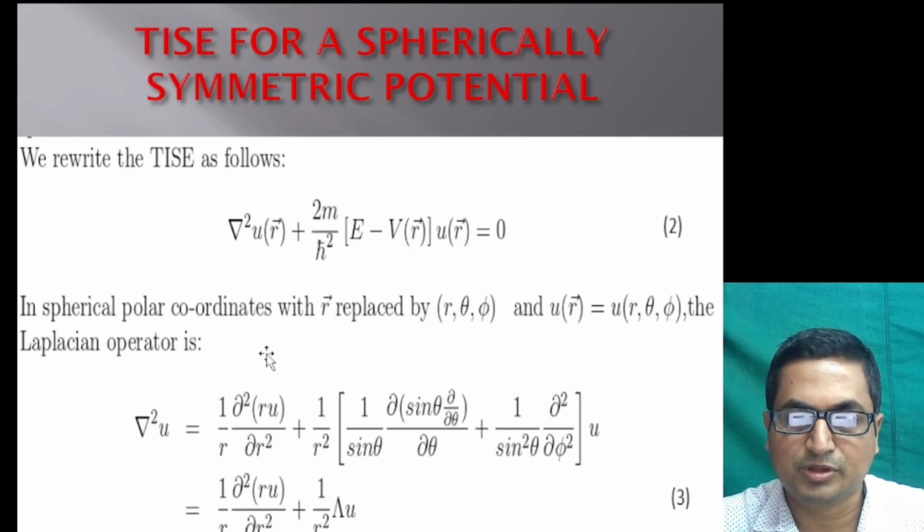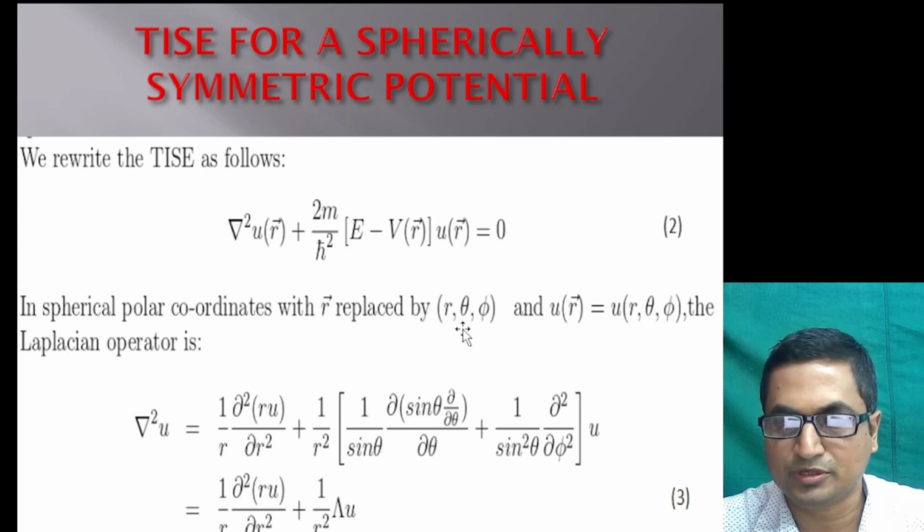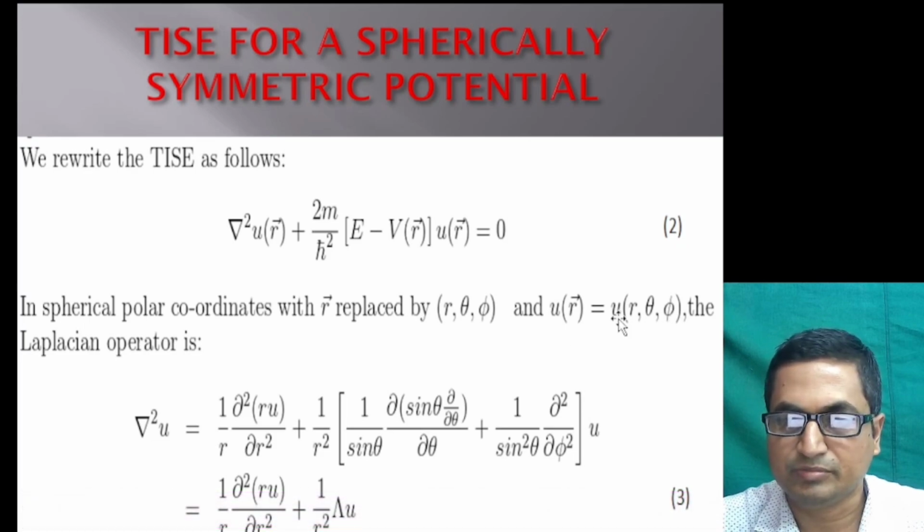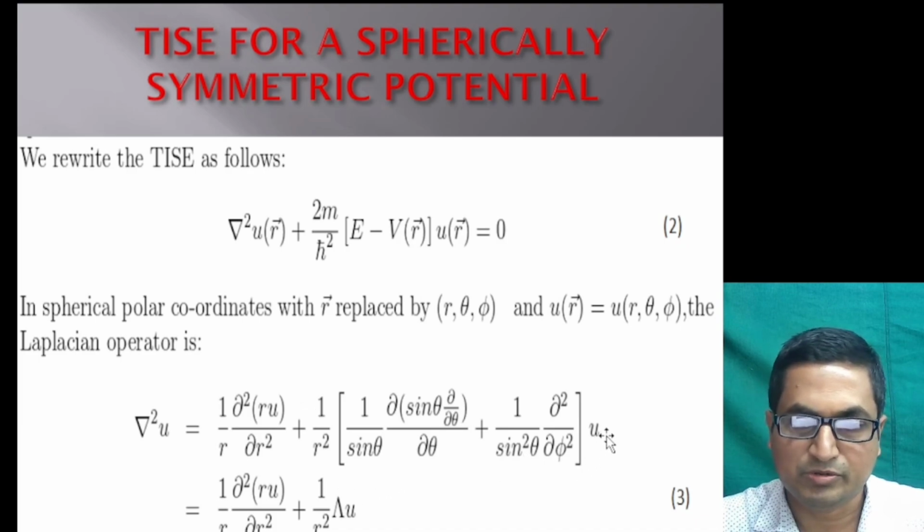In spherical polar coordinates, this vector r is replaced by the spherical polar coordinates r, theta and phi, and also the wave function ψ is replaced by a function ψ of r, theta and phi. Now the nabla squared for ψ, as defined in the spherical polar coordinate system, is like this: 1 by r ∂²(rψ)/∂r², then 1 by r squared times this quantity with ψ outside.